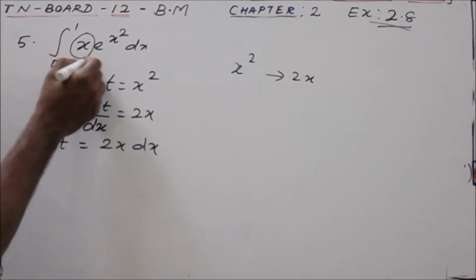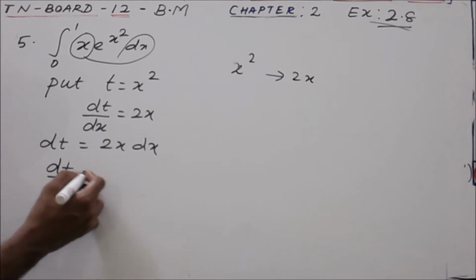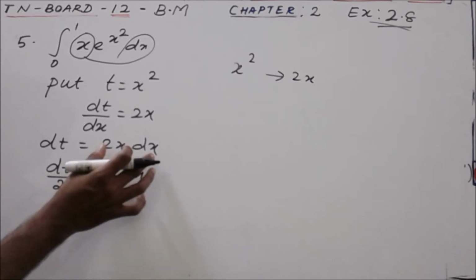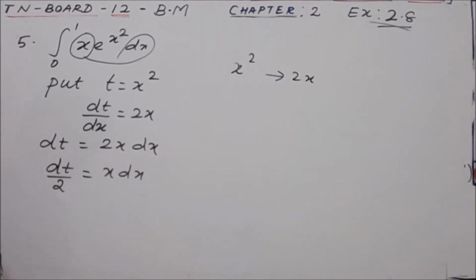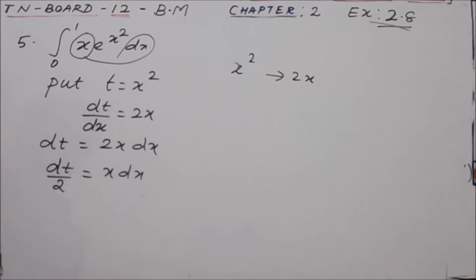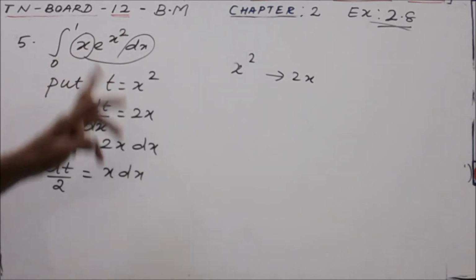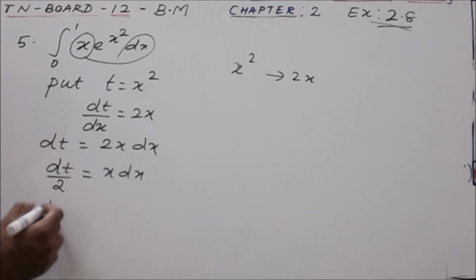But here we have x into dx only. So dt by 2 equal to x dx. So calculating x dx, from this result dt by 2 will yield x dx. So we can replace x dx by dt by 2. At the same time x square is replaced by t. Here we are in a problem.